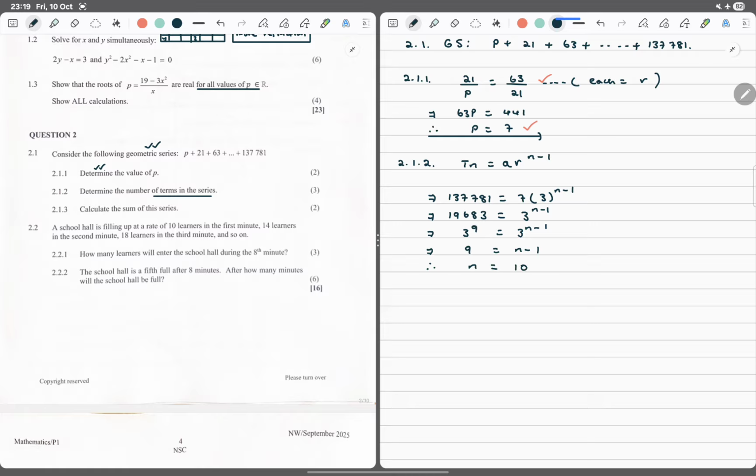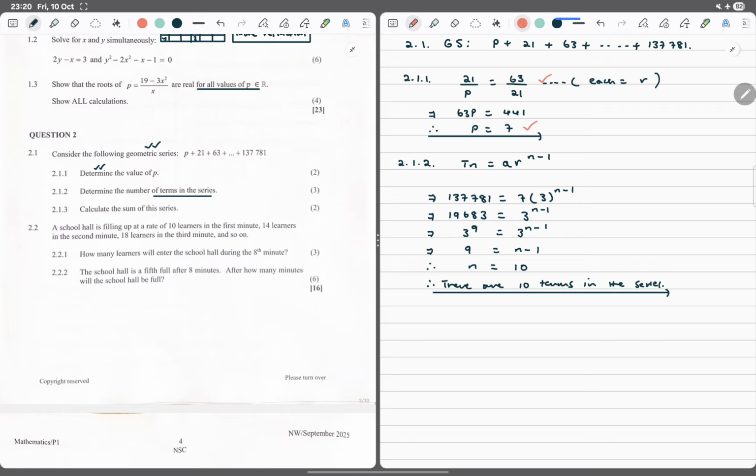Therefore, n is 10. So we answer the question: therefore, there are 10 terms in the series. Nice and easy.